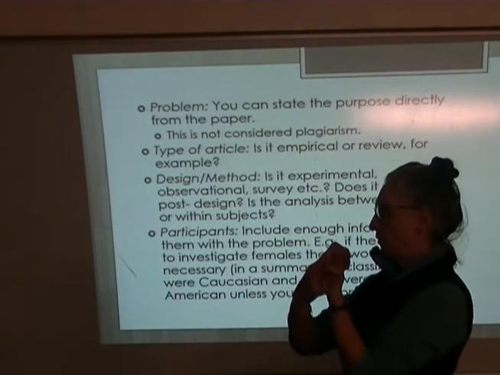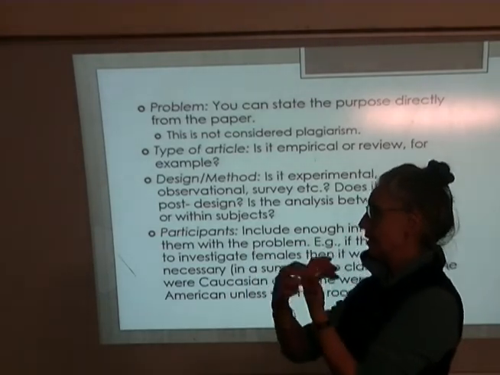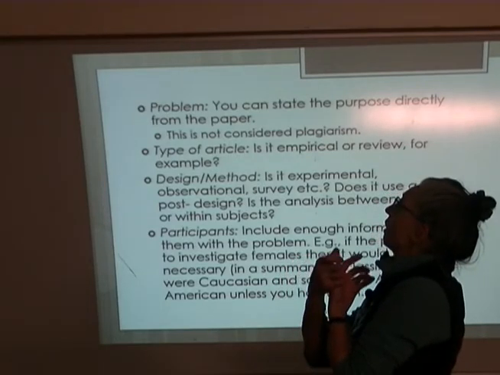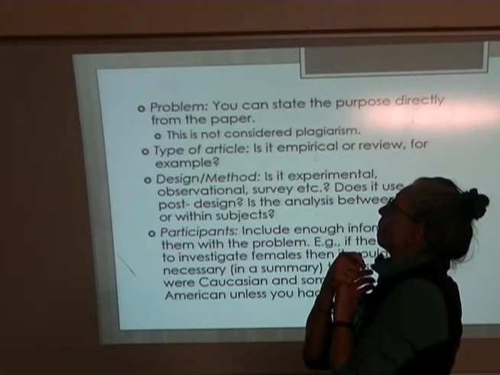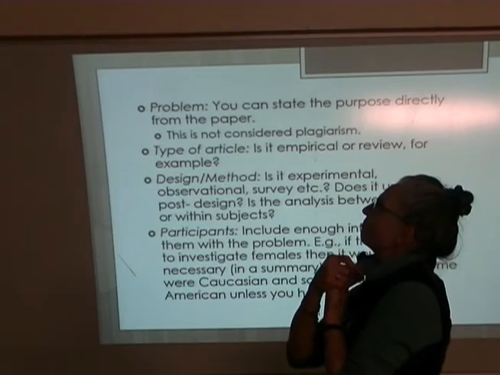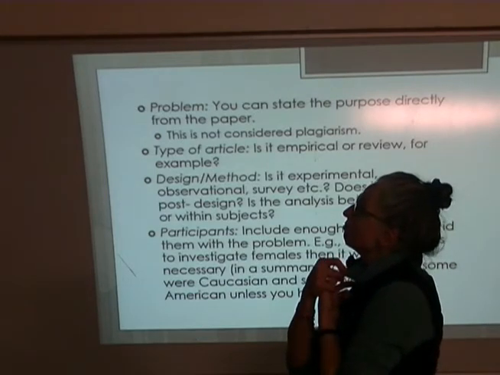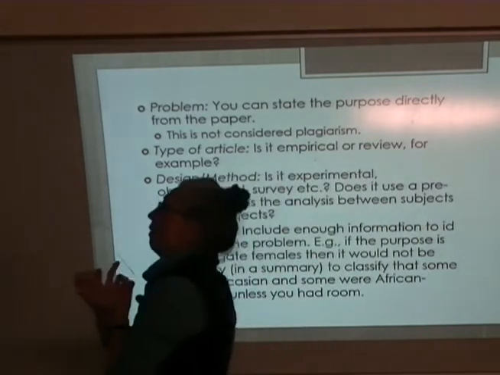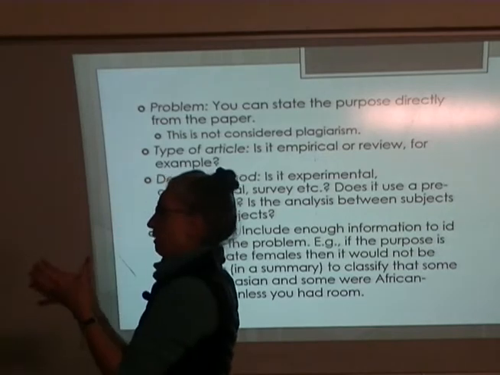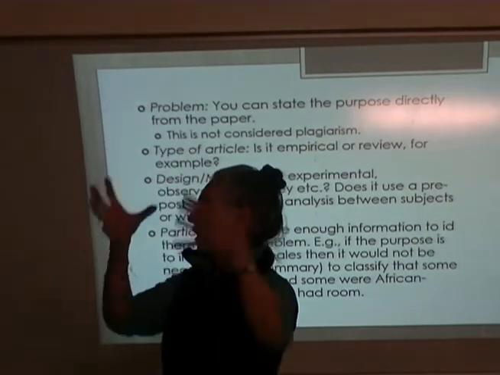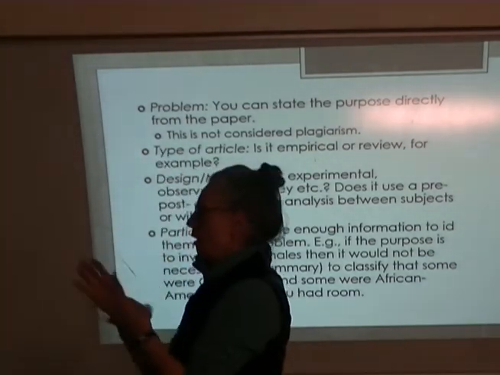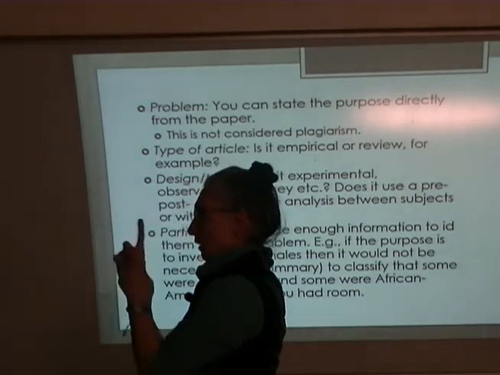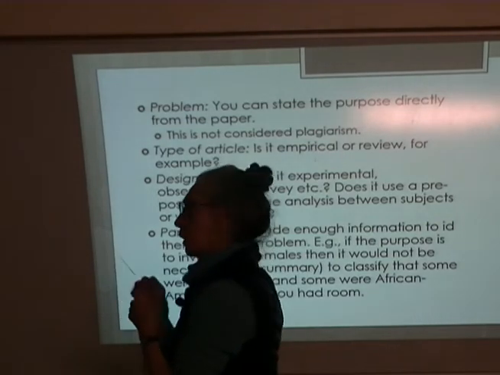If it's a lit review or a meta-analysis, then what they've done is they've gathered a lot of other people's work and they're summarizing that work around one topic. Okay?